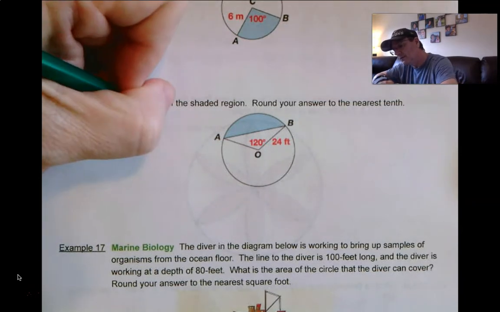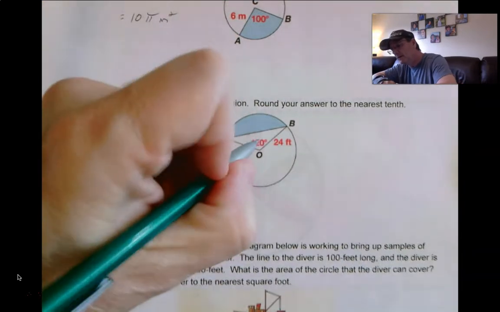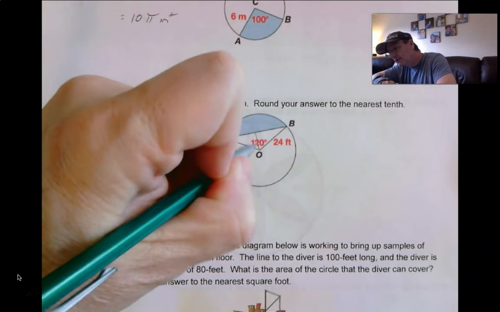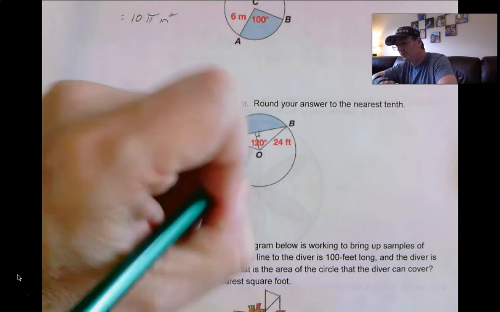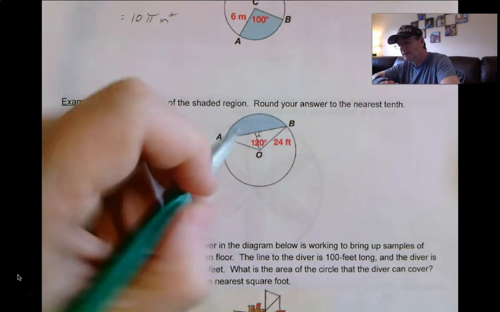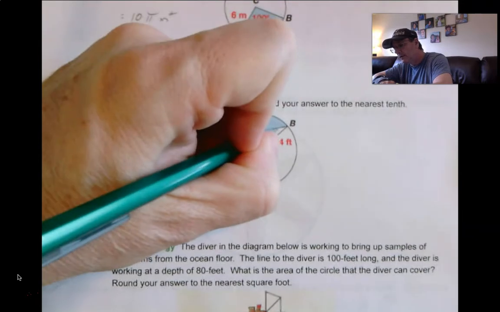The area of the triangle is equal to, so draw in the altitude here, making these 60, 60, 30, 30.